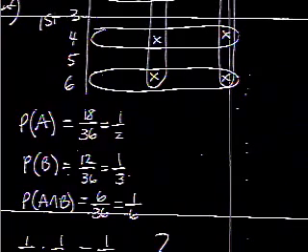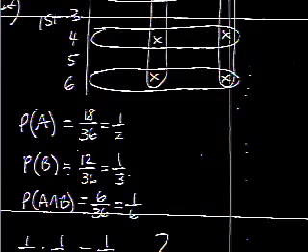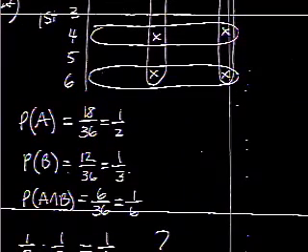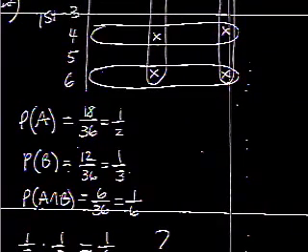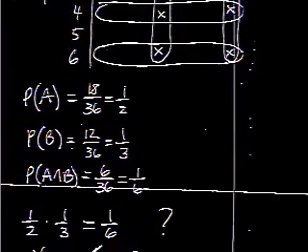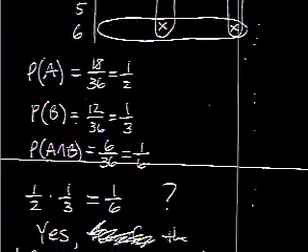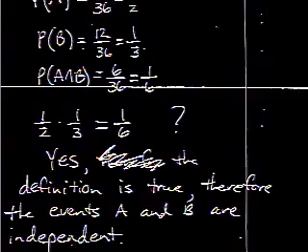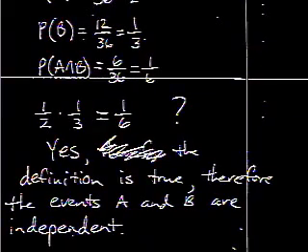Next thing I want to do is check. I want to check and see if the definition is true. Is 1/2 times 1/3 equal to 1/6? Well, the answer is yes. Therefore, the definition is true, and we can say that the events A and B are independent.